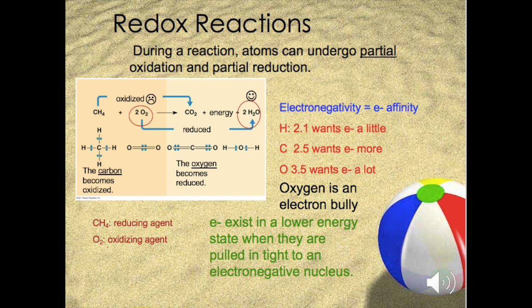And another way of looking at that is that energy is released when oxygen is converted into water. The reason for this is that electrons essentially exist in a lower energy state when they're pulled tight into the electronegative nucleus of the oxygen atom. So the electrons are very close in to the positively charged oxygen in water.